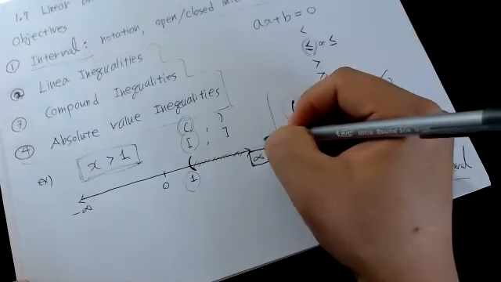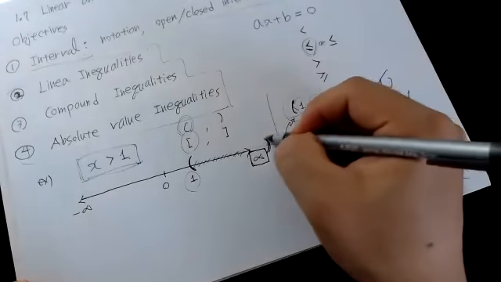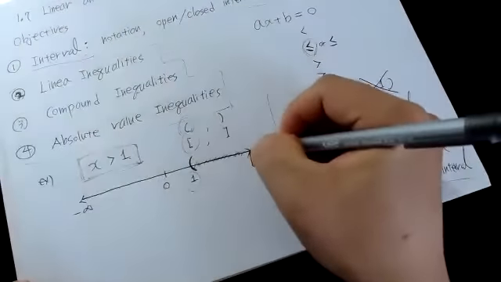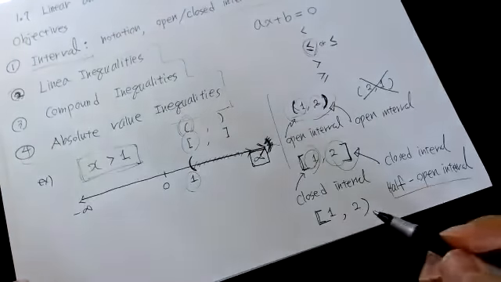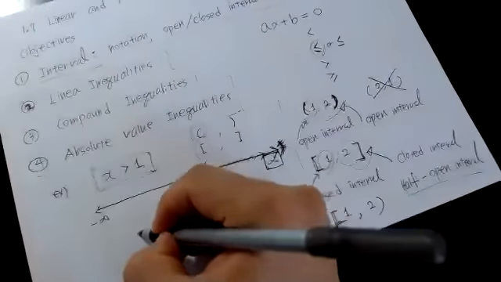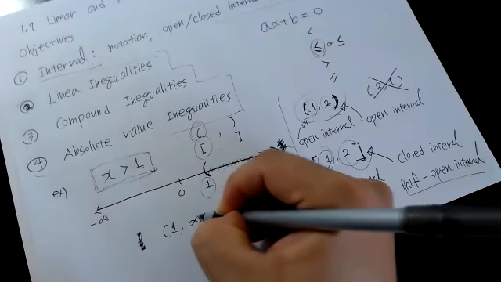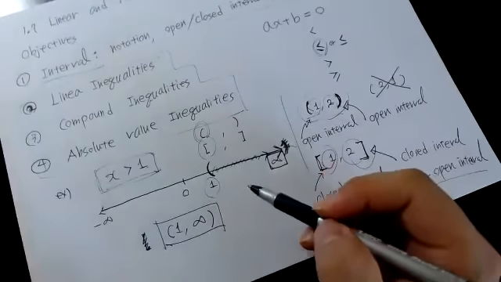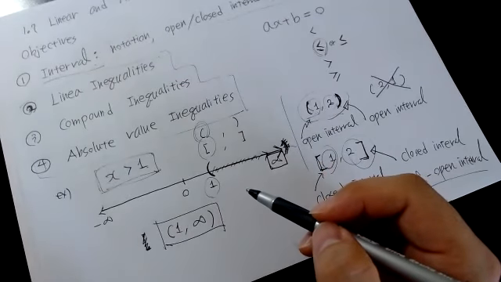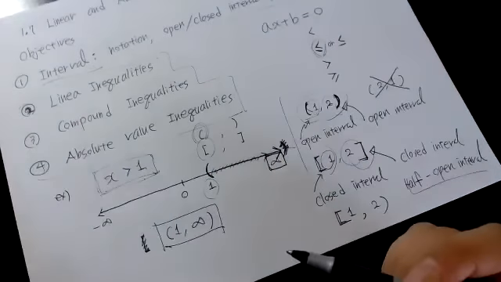So we have to use open again. In the textbook they just don't mention any parenthesis. So the answer is 1 through infinity. This is the solution set of that inequality using interval notation.